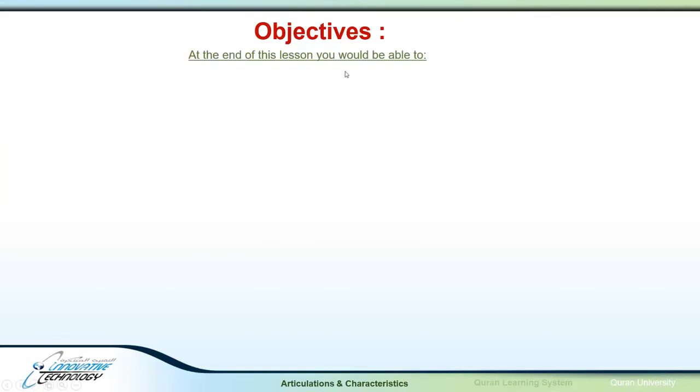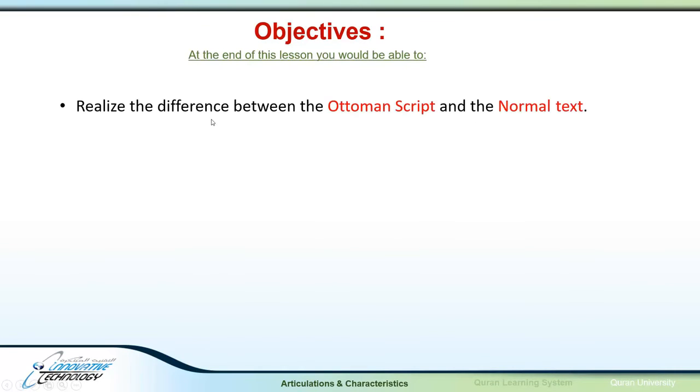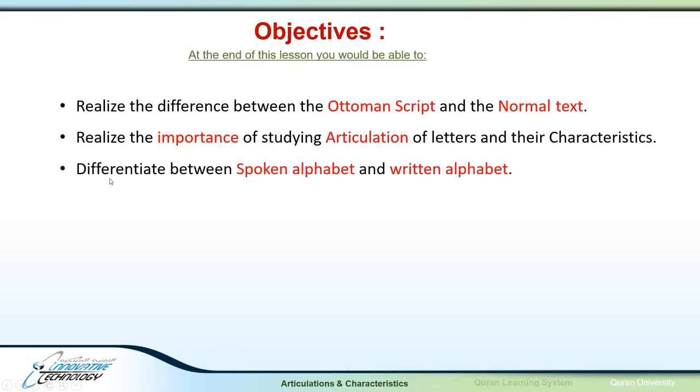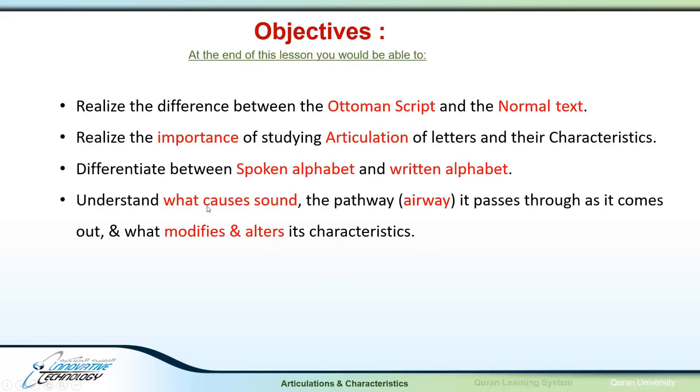The objectives of this lesson are set to allow you to realize the difference between Ottoman script and normal text, and then help you to realize the importance of studying articulation of letters and their characteristics, and then help you to differentiate between the letters of the spoken alphabet versus those of the written one, and understand what causes sound, the pathway, airway it passes through as it comes out, and what modifies and alters its characteristics. And in order to do that, we'll be introducing some anatomy and physiology of the upper airway.